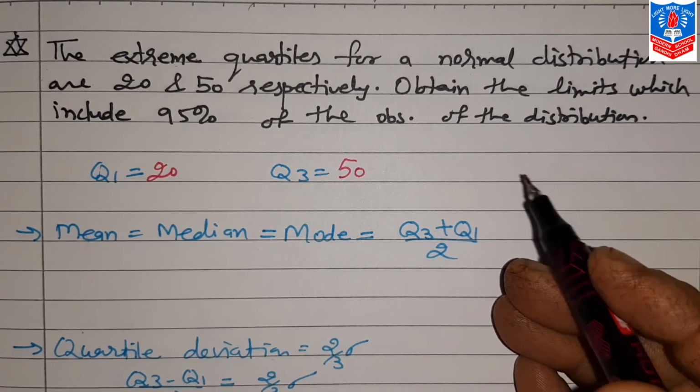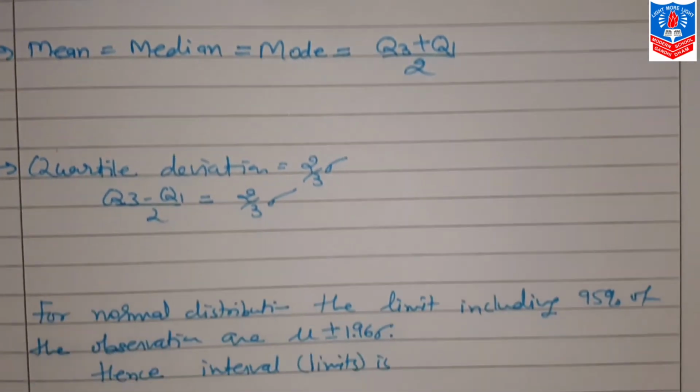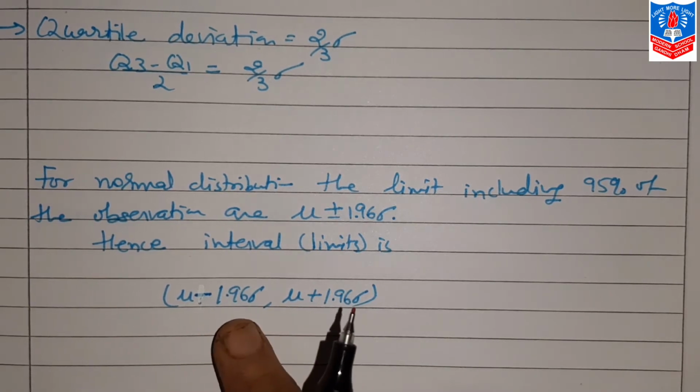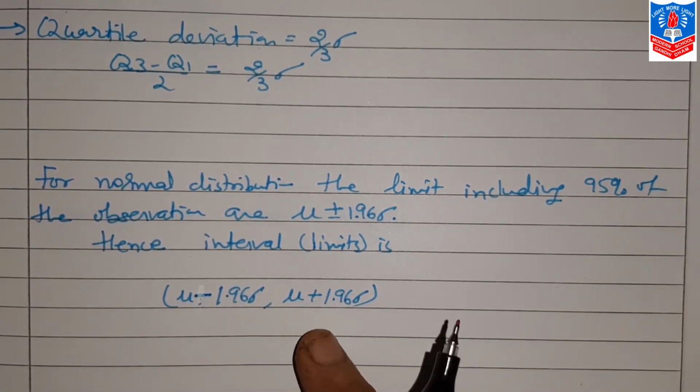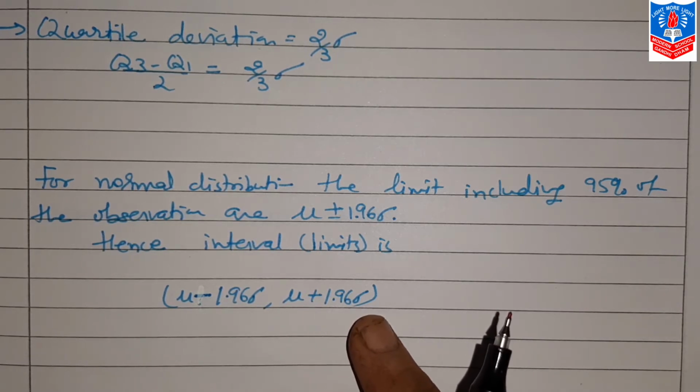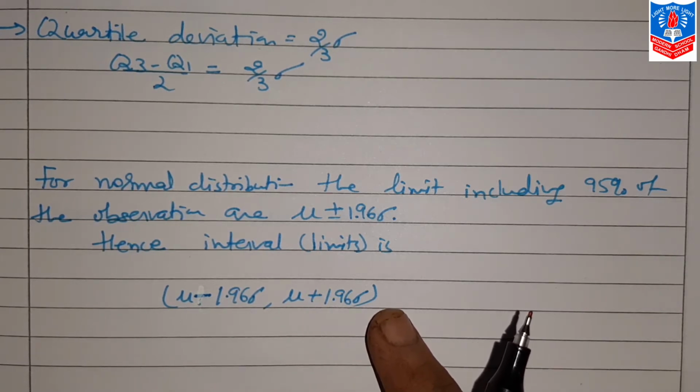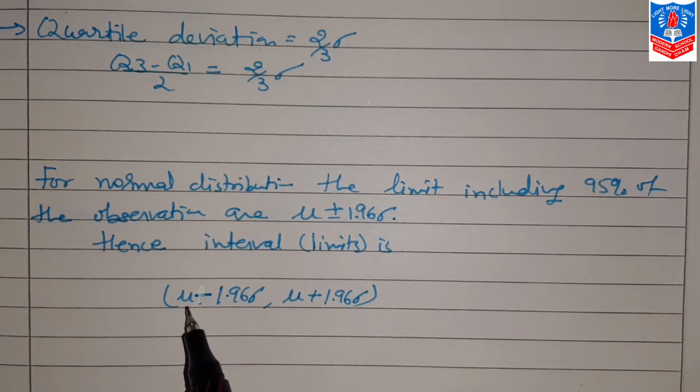How do we find this? The formula is mu minus 1.96 sigma and mu plus 1.96 sigma. It means we want two values: one is mu and another is sigma.